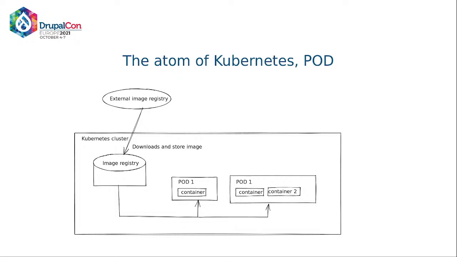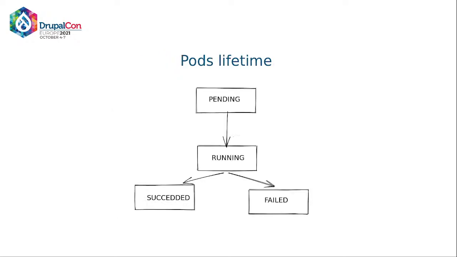In this demo I will use pods that have only one container, and each pod has a few states of lifetime. A pod can be pending, which means it is in the initialization phase. It can be running, so everything is correct.